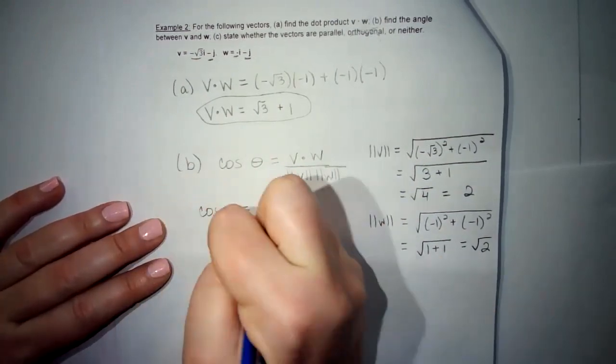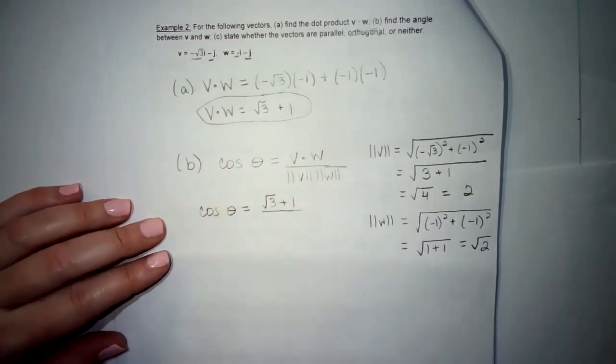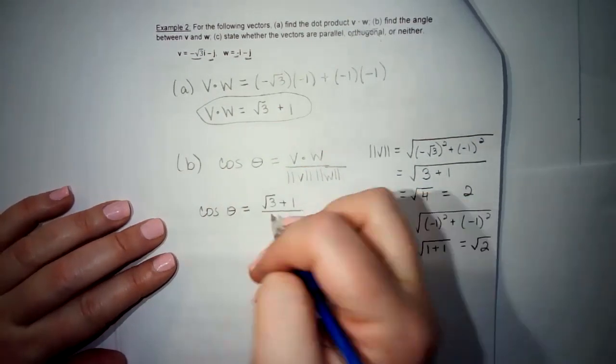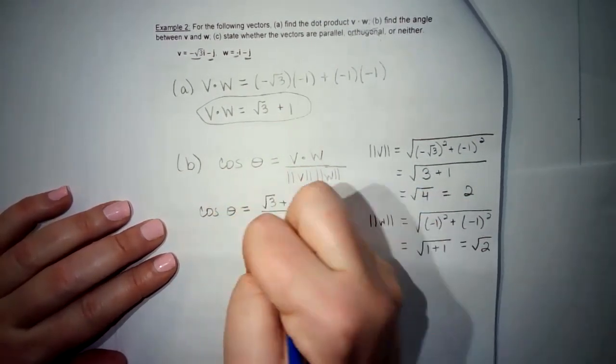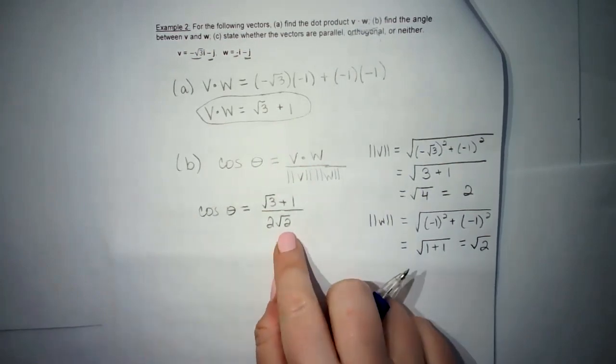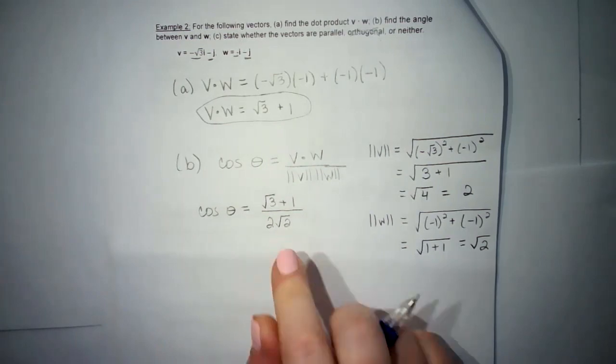Cosine of theta is going to be the dot product in the top, root of 3 plus 1. The denominator is going to be the magnitude of v times the magnitude of w. Now we need to find theta. Well, I don't know about you, but I don't remember seeing that on the unit circle, which means we're going to go to our calculator.